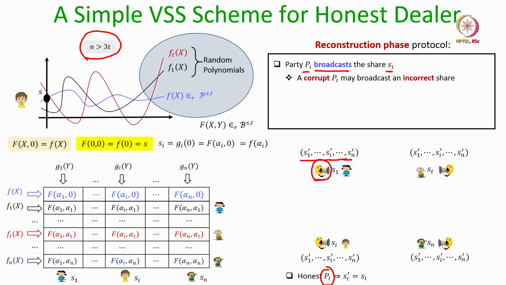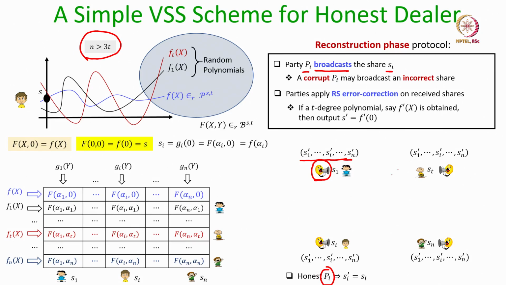So, in order to reconstruct the dealer's secret, what the party can do is the following: it can apply Reed-Solomon error correction on the received shares. For instance, P1 will apply the Reed-Solomon error correction, P2 also will apply Reed-Solomon error correction, Pi also will do the same.